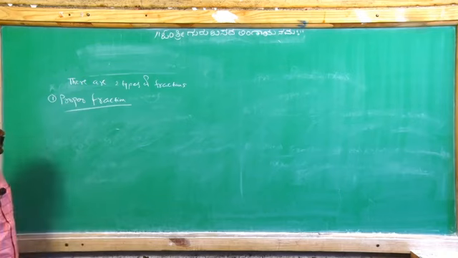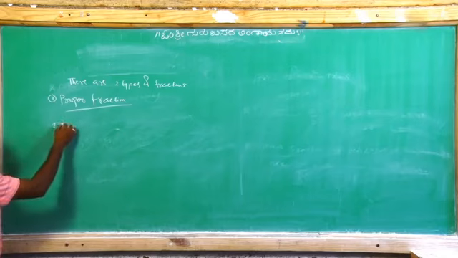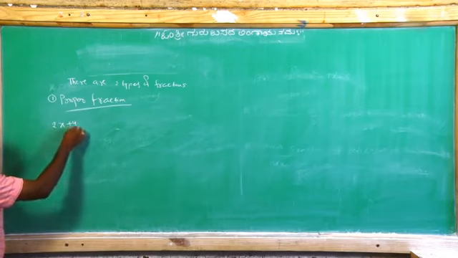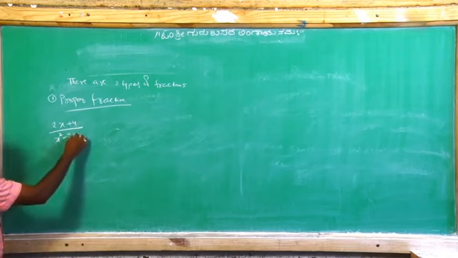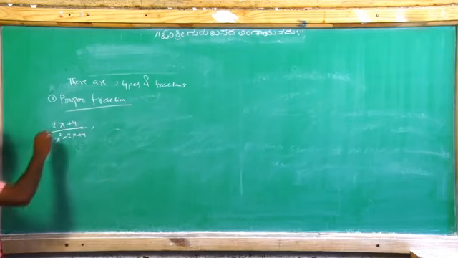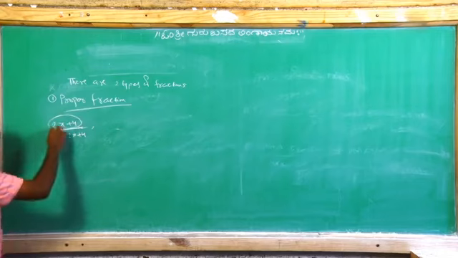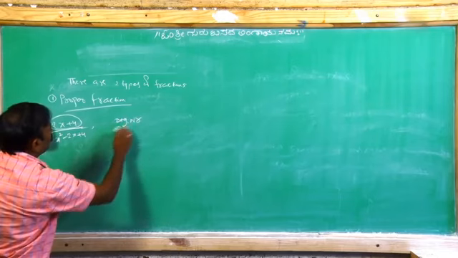So once again, the definition of proper fraction. Now take the fraction 2x plus 4 divided by x square minus 2x plus 4. First of all, find the degree of the numerator.